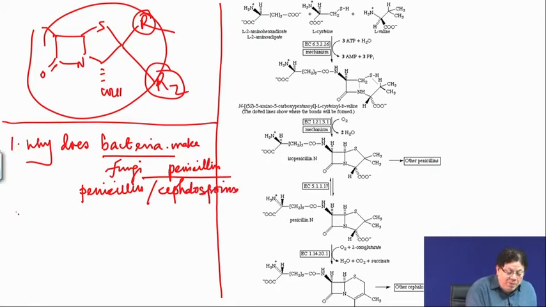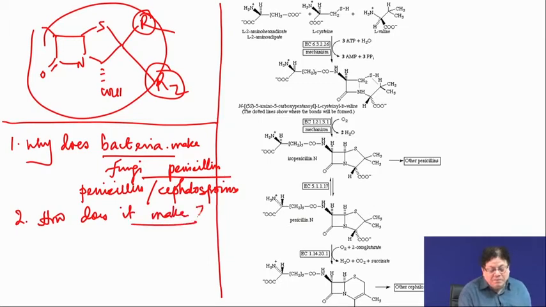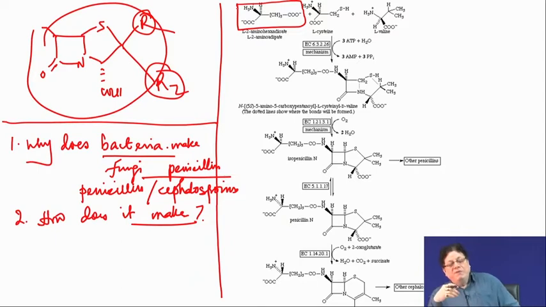That is number 1. Number 2 is, how does it make the penicillin? What are the starting points? What are the building blocks? Now, that is shown here. I told you when penicillin was introduced that it is made by a very simple sequence of steps.